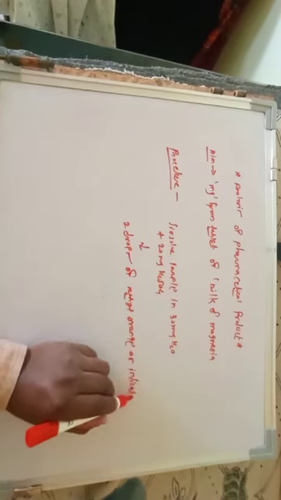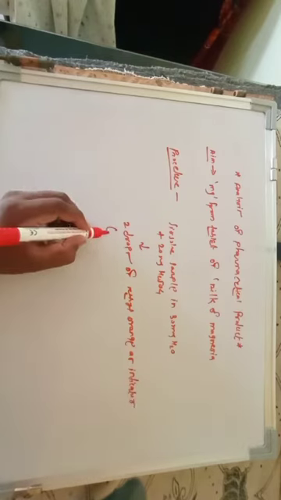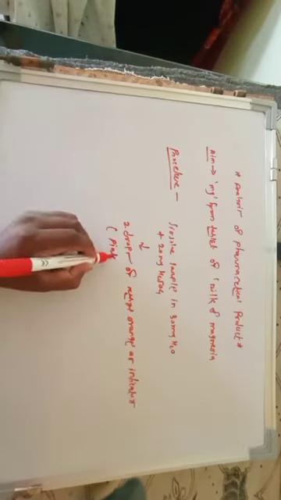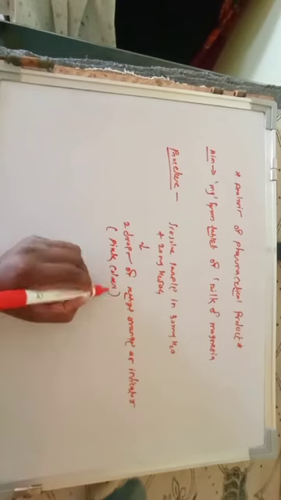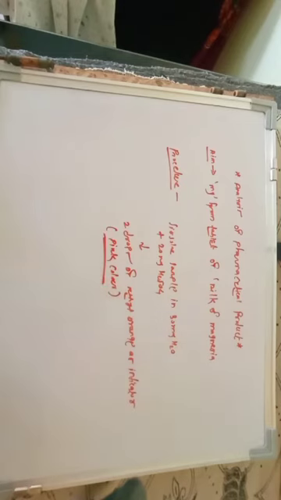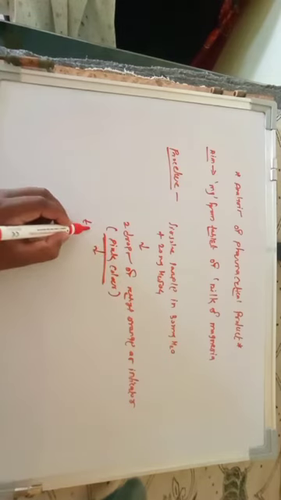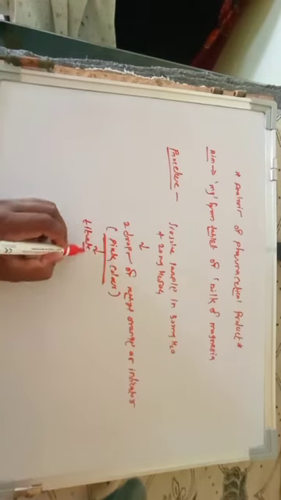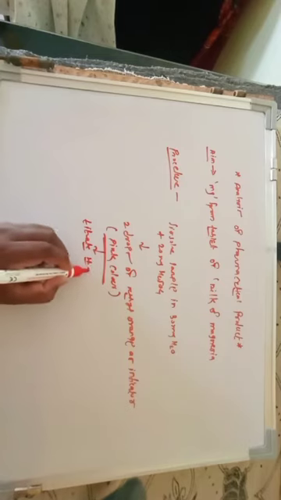After addition of methyl orange as an indicator, the solution is acidic, therefore we get a red color. It is not pink, we get a red color after addition of methyl orange in acidic medium. Then how to titrate the solution?